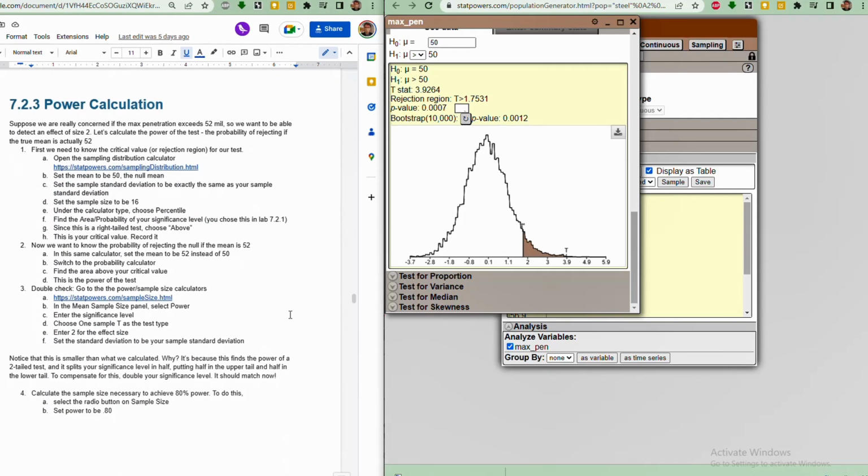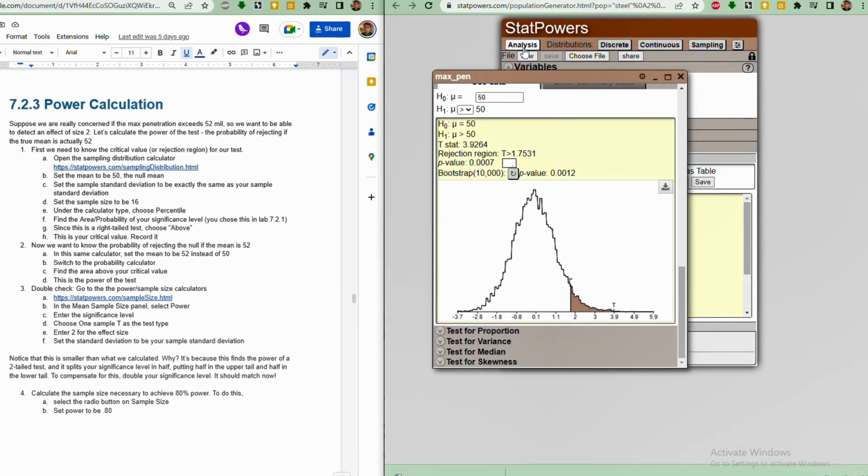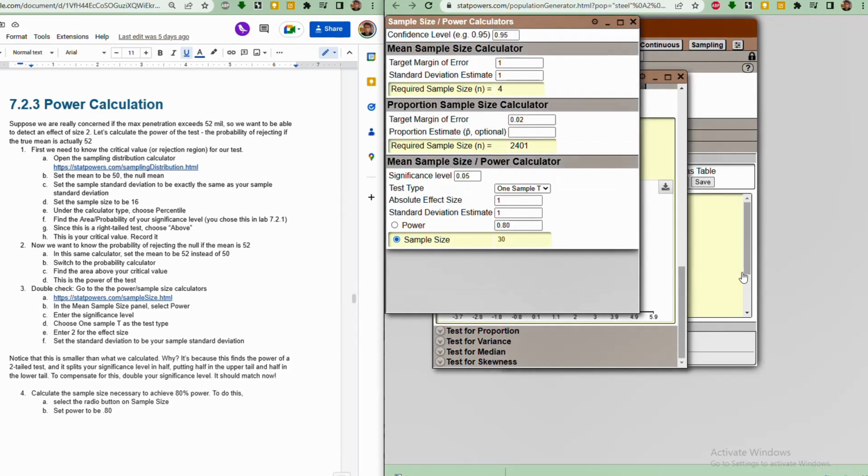Now we want to go through the power calculation. Power calculation can be found under the analysis menu. There's a sample size and power calculator, and I'm going to open it as a pop-up, a new feature added this semester.